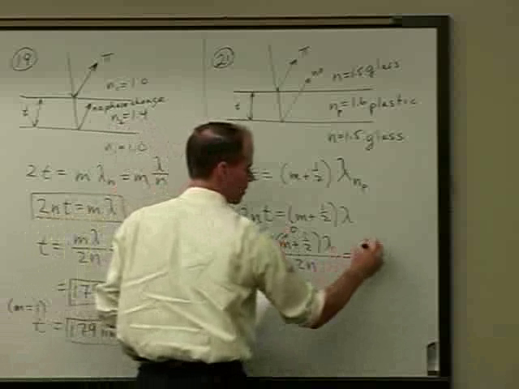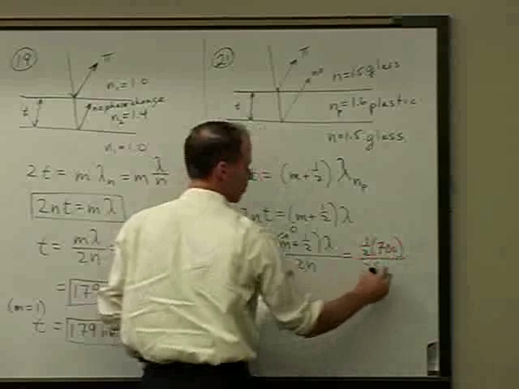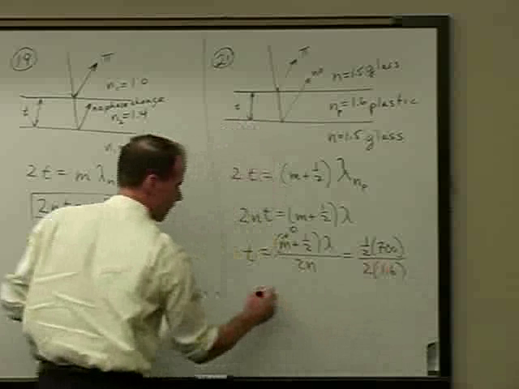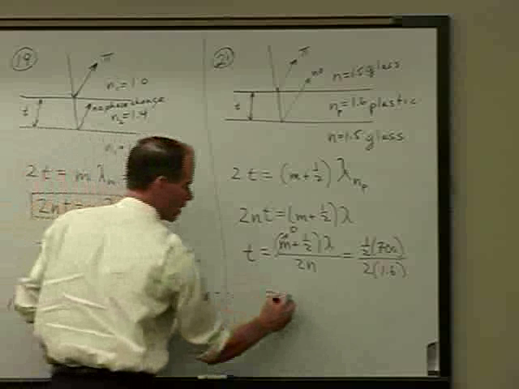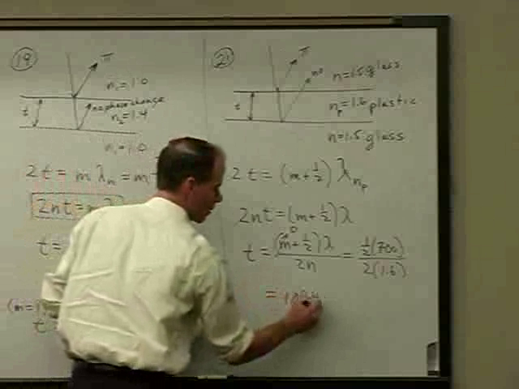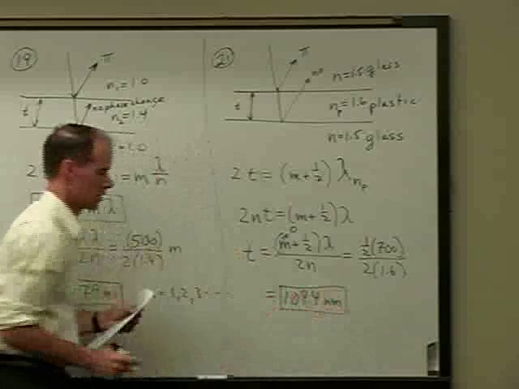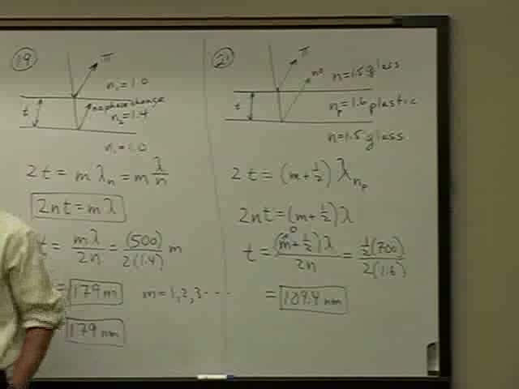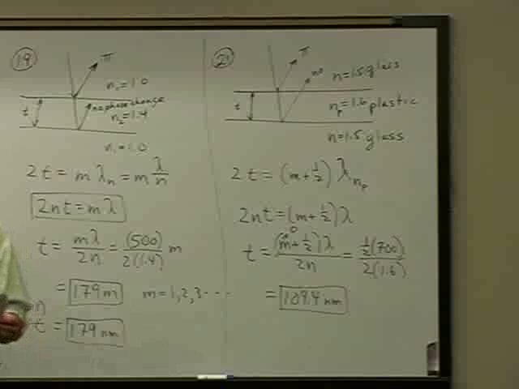So we have 1 half times 700 over 2 times 1.6. We got 109.4 nanometers. So if I put a thin sheet of plastic, 109 nanometers, between the 2 panes of glass, I'll have constructive interference of the infrared light.